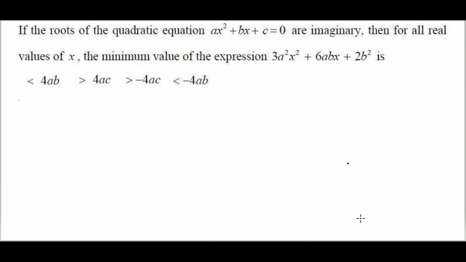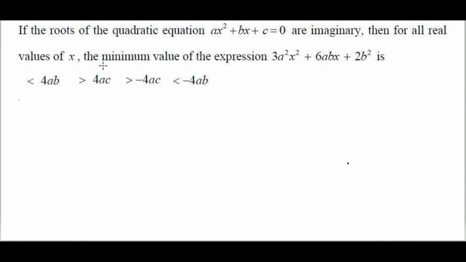If the roots of the quadratic equation ax square plus bx plus c is equal to 0 are imaginary for all real values of x, then the minimum value of the expression 3a square x square plus 6abx plus 2b square is dash. First option is less than 4ab, second option greater than 4ac, third option greater than minus 4ac, fourth one less than minus 4ab.